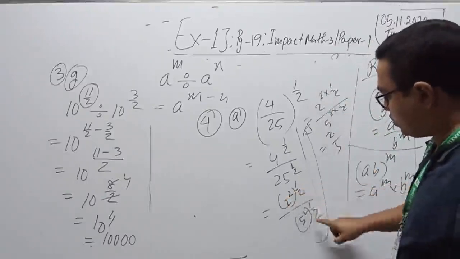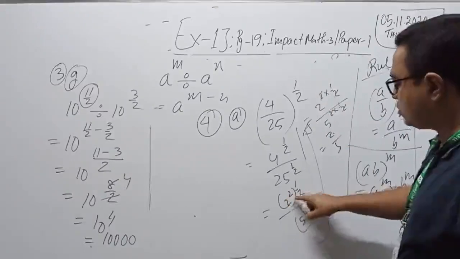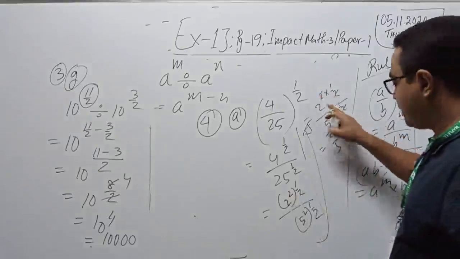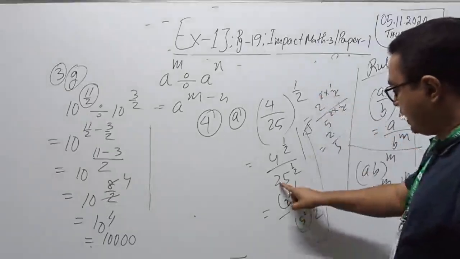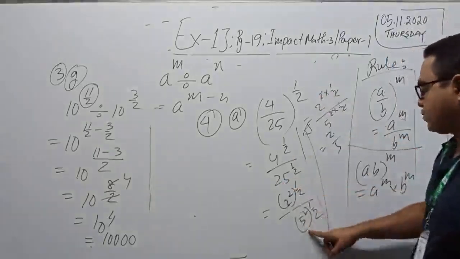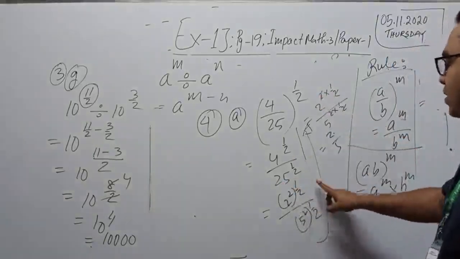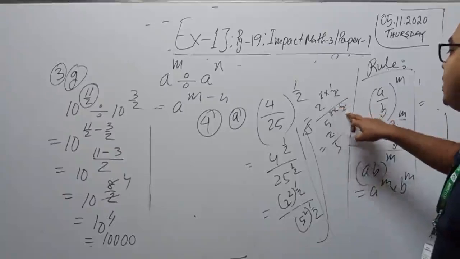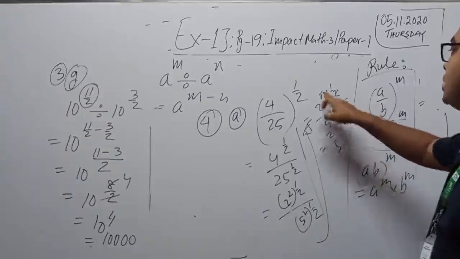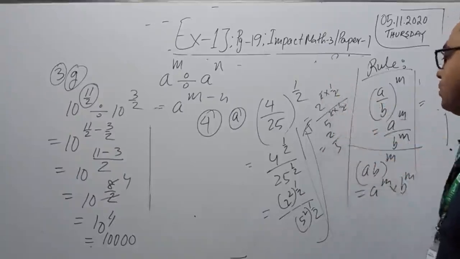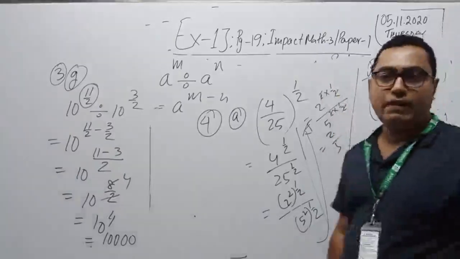So 2 into 1 by 2, 2 cut. Here 2 to the power 1 is remaining. But here for 25, 25 to the power half, 25 can be written as 5 square. So 5 square to the power of 1 by 2. So 2 multiplied by 1 by 2, 2 cut, we have 2 to the power 1 and 5 to the power 1. So 2 by 5 is our answer.